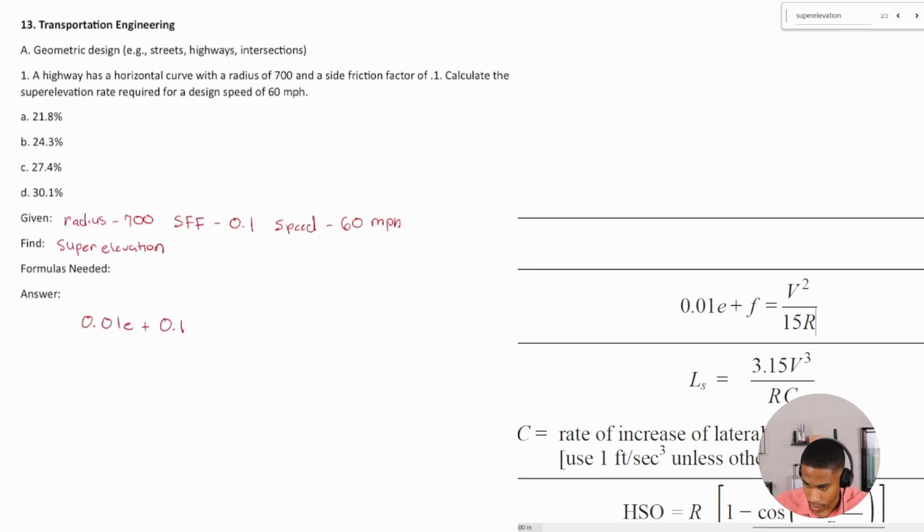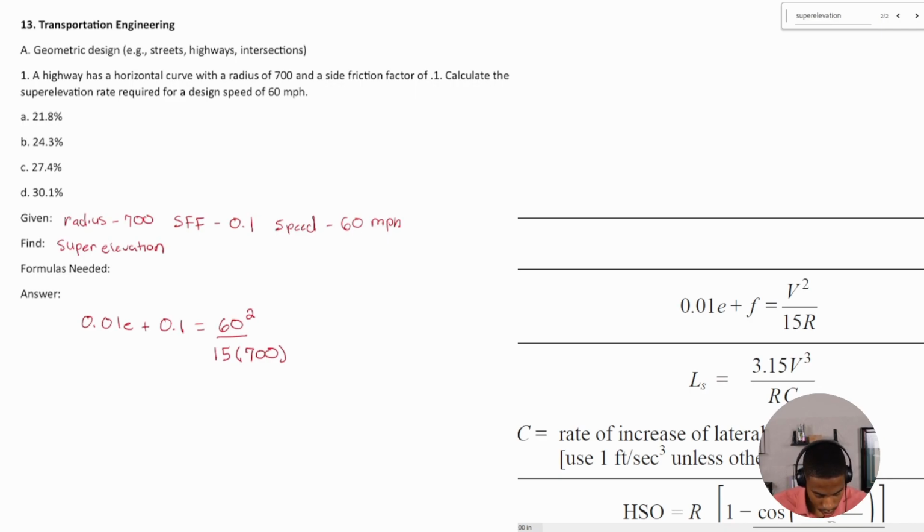It's a side friction factor, and that's equal to 60 squared over 15 times 700. All right, once I put that into my calculator, you should get your E. I'll just do this out.